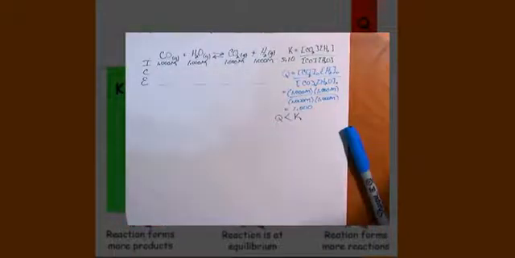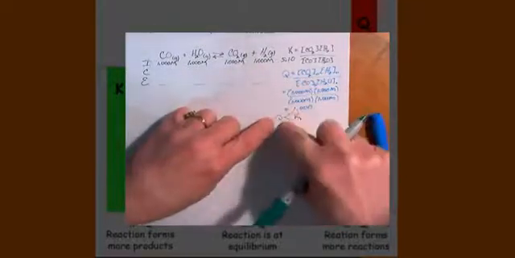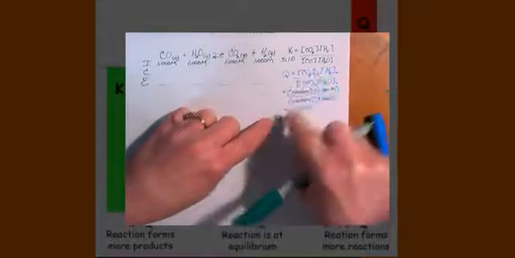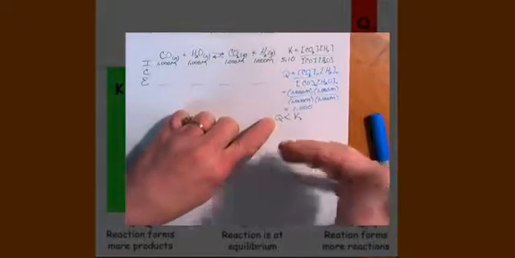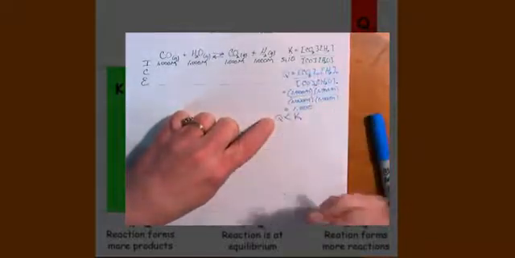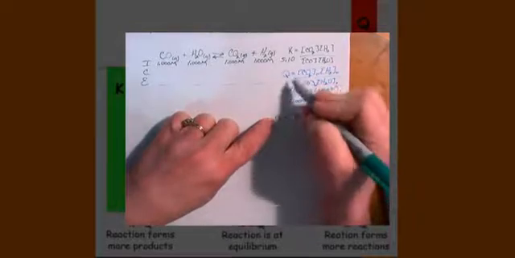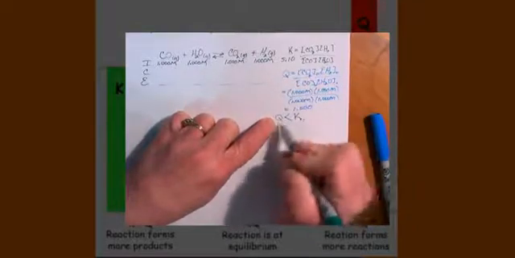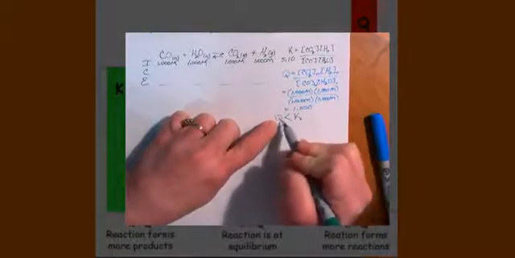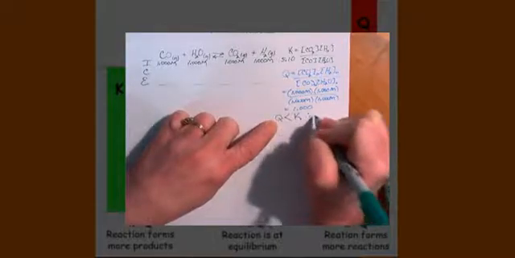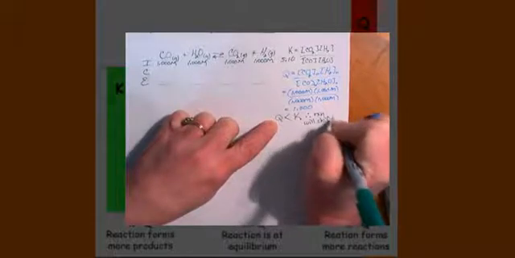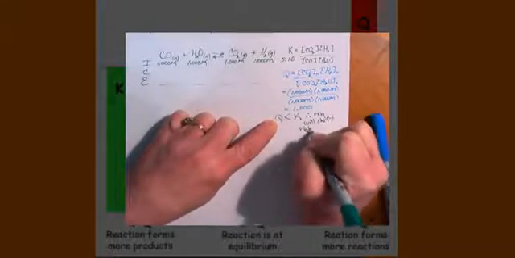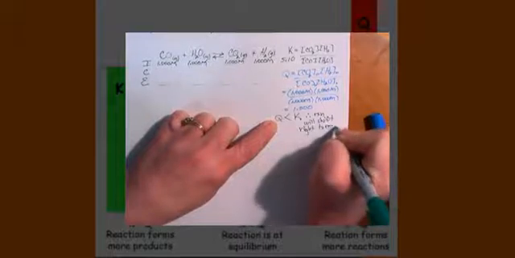Well, where do we go from there? So we know that we need more product. If Q is less than K, our numerator is not as big as it needs to be for equilibrium. So, we found Q, we're comparing them, and because it's less, therefore, the reaction will shift right to reach equilibrium.